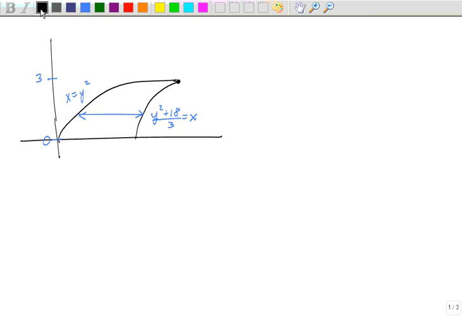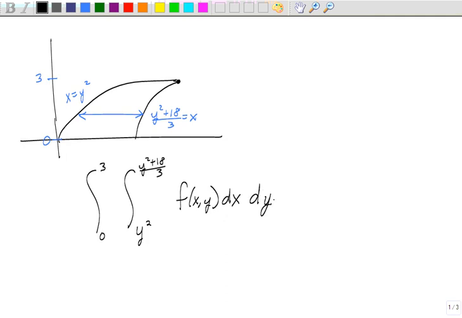So I would set up the integral from y squared plus 18 over 3 to y squared, dx. And then the y values would go from 0 to 3 dy. And that will give us the same answer. So you can reverse the order of integration. You just have to be careful and change your limits of integration.